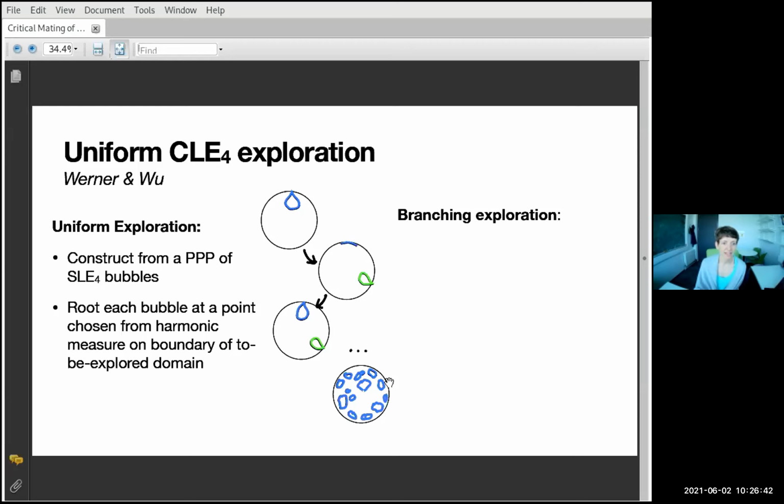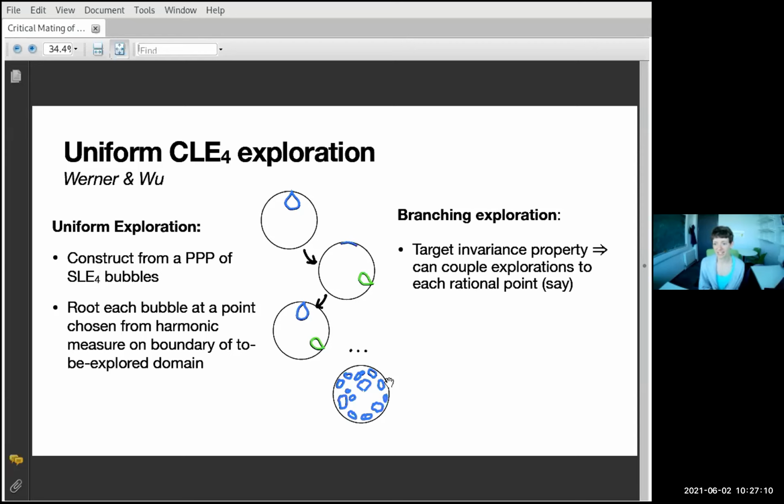What that means is I can take a dense set of target points in the unit disk and simultaneously define these exploration paths towards each point, such that the branching property I just described holds simultaneously for all pairs of points. The upshot is that I can define a branching CLE4 exploration procedure towards all points in the unit disk simultaneously, or towards all rational points. So what I get is a dynamic branching process which builds the entire nested CLE4.